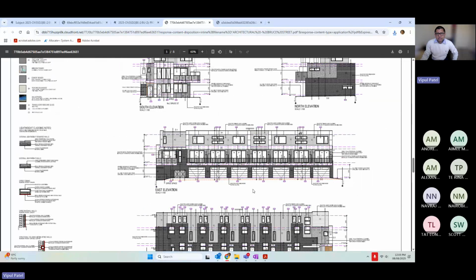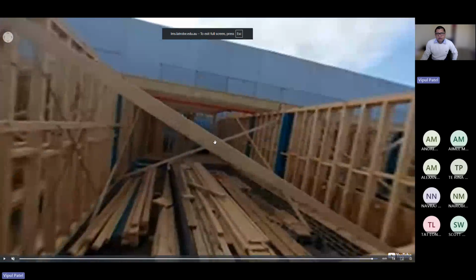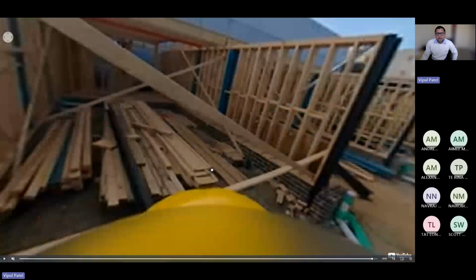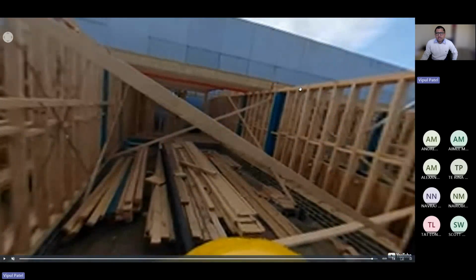That's the apartments we're talking about. That's the garage, then you have the living area, and then the bedroom. Our beam would be sitting somewhere here on this garage. Here's your garage, and this is the video from the construction. This is a garage, and then you have a story above it.